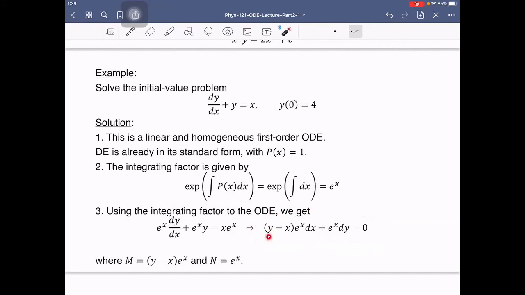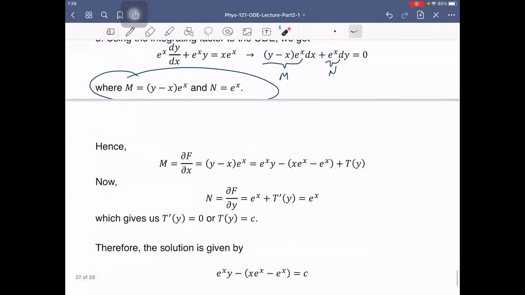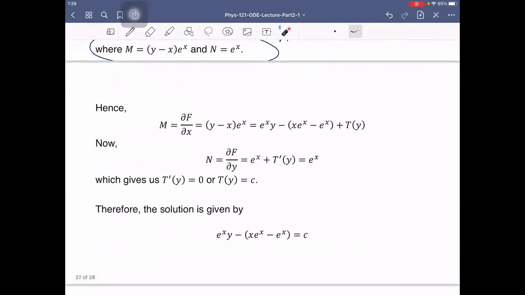Okay? So we have quantity y minus x times e raised to x dx plus e raised to x dy. Okay? So as you can see, meron na tayong function for m, and meron na rin tayo for n. So using this, we have these values. So again, we can use the value for m in order to get the partial of f with respect to x, and this is just equivalent to this one.